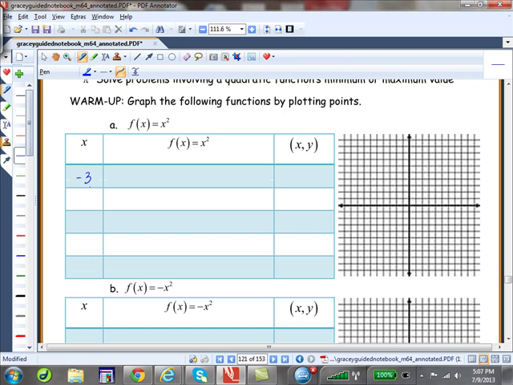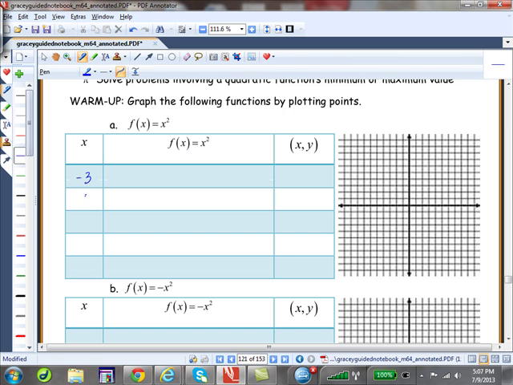This one has its vertex, its lowest value, located at the origin. So it turns out that it has symmetry about the y-axis, or the function axis.